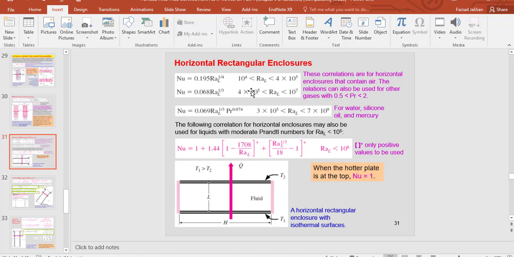These equations are for air actually, with the Prandtl number between 0.5 to 2, but they can also be used for other gases whose Prandtl number is between these two values. So the Prandtl number also can be found from the table, for the T average.